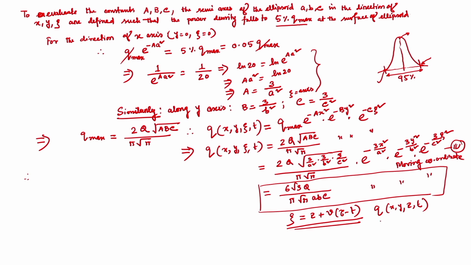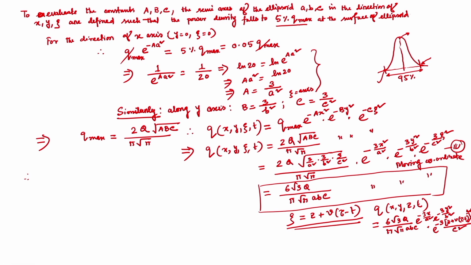This equation will be, then, all the terms will be there: 6 root 3 q divided by pi root pi a b c, then e to the power minus 3 x square by a square, e to the power minus 3 y square by b square, and at last, instead of zeta, there will be z plus v into tau minus t whole square divided by c square. This you should keep it in mind.